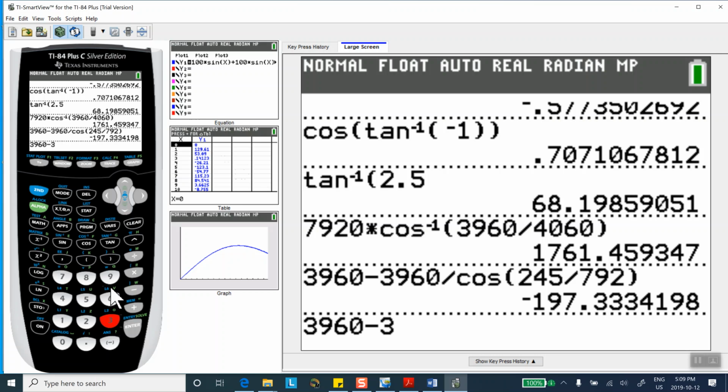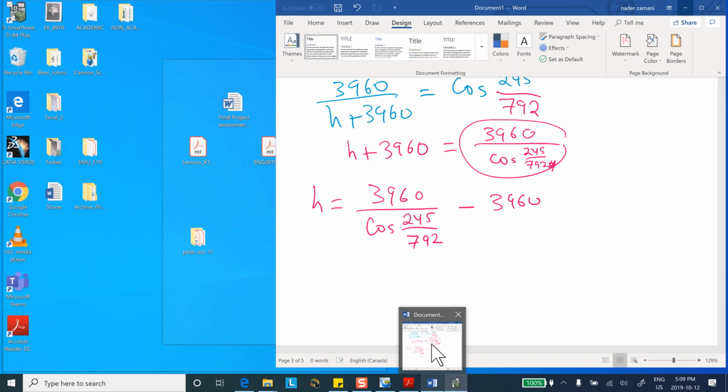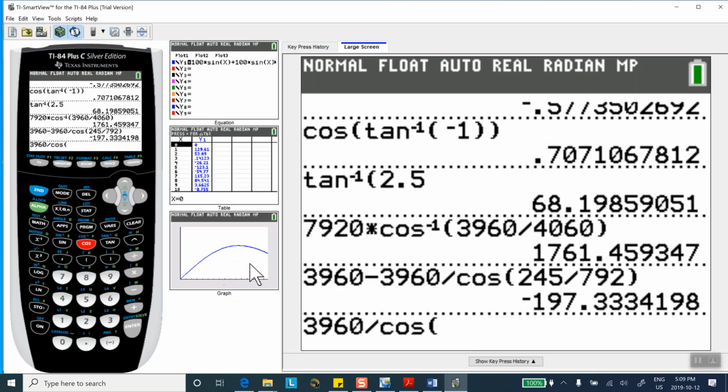Yes, 3960 divided by cosine of 245 divided by 792, close the parentheses, minus 3960.